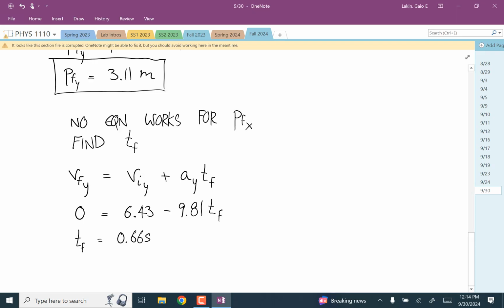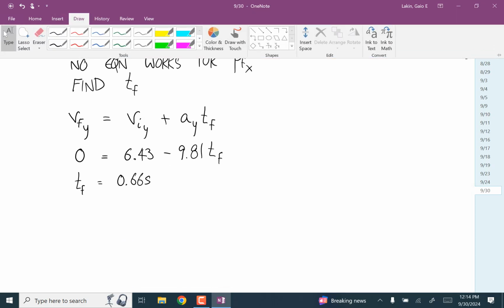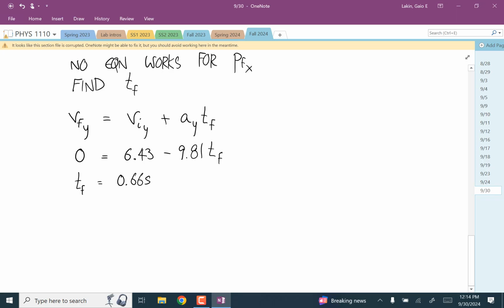And so now that we know one more variable, we can look for an equation that lets us calculate Pfx. And we can use Pfx is equal to Pix plus Vix Tf plus 1/2 Ax Tf squared. One thing you always have to be careful of in the x equations is we're used to, in free fall problems, putting negative 9.81 in for the acceleration, but that's only the y acceleration in 2D.